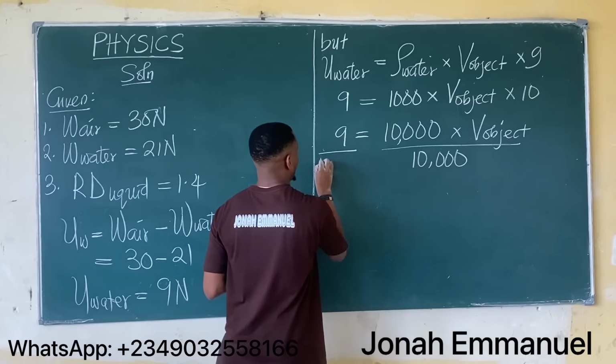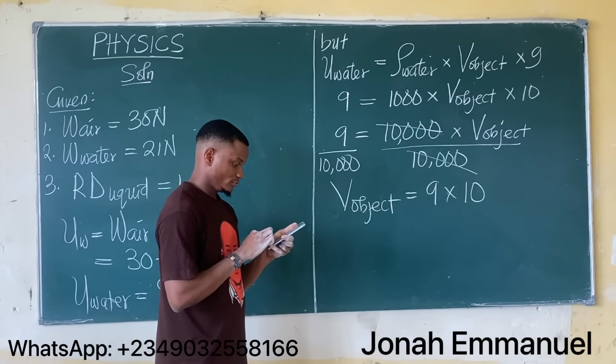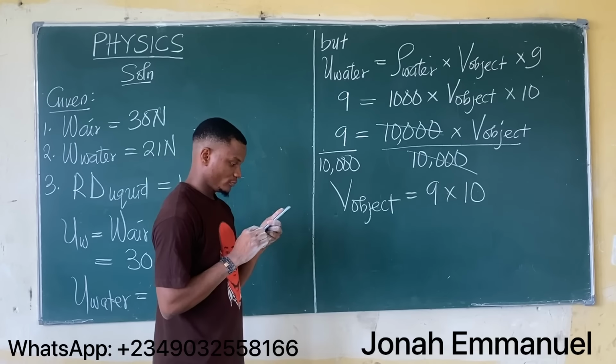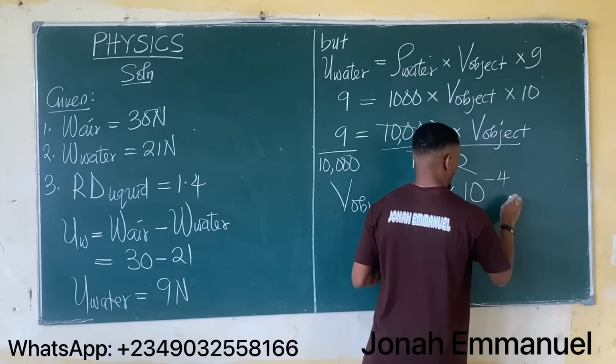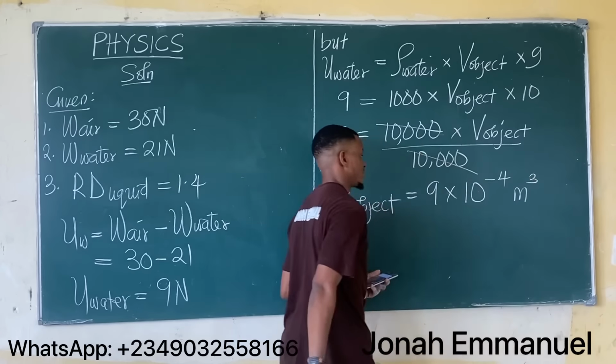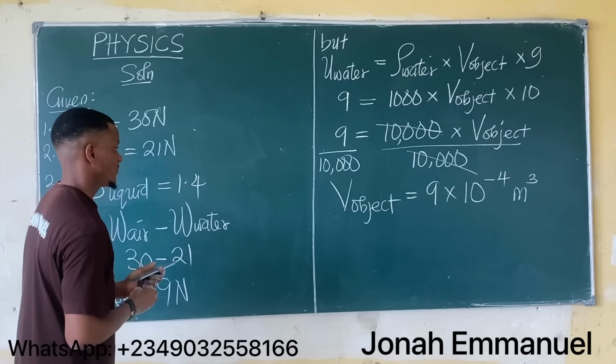The volume of the object is equal to 9 over 10,000, that's 9 times 10 to the power minus 4 meter cube. Alright, so I've gotten this.